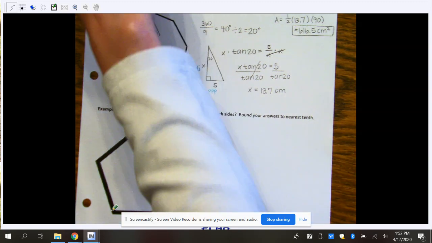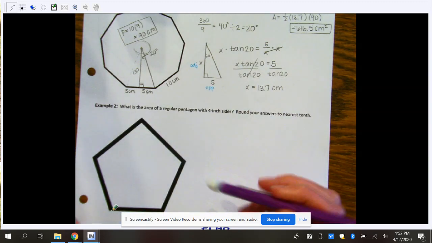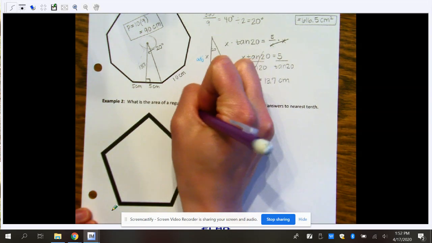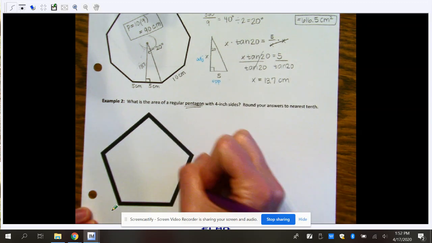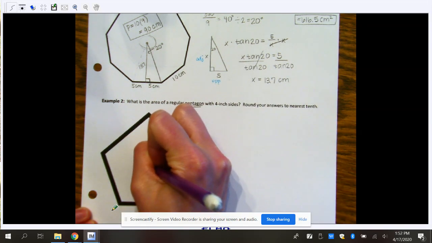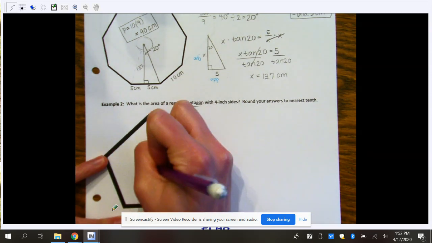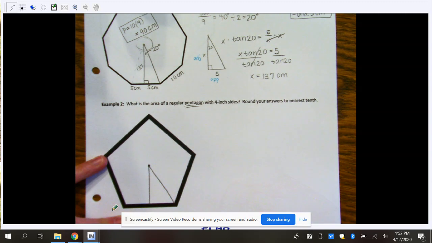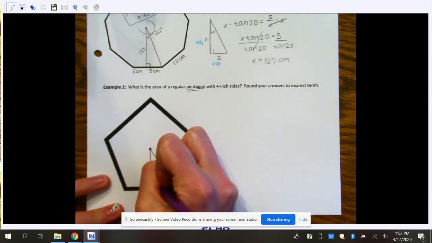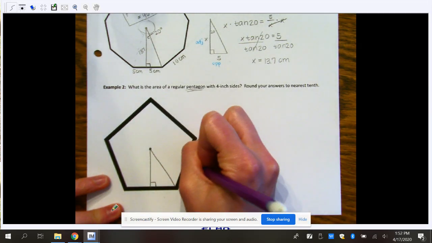All right, so now let's look at this next one. What is the area of a regular pentagon with 4-inch sides? So I'm going to start by drawing in my center. Here's my apothem. There's the other segment that I'm going to use to create this right triangle right here.